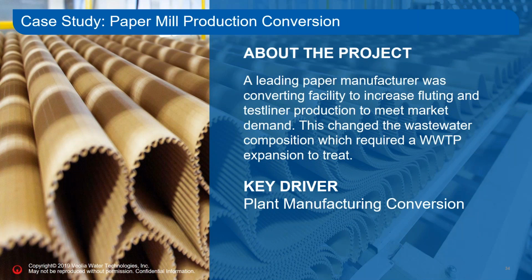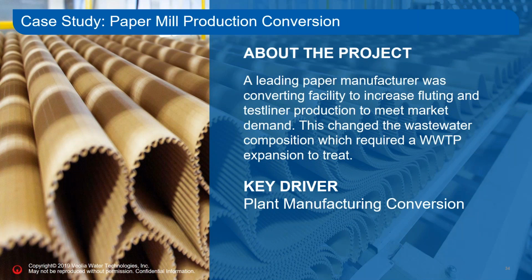This is a project that we have done in Germany, where the paper mill shut down one of their paper machines that was doing graphic paper, and replaced that with a paper machine that will do test liner and fluting production, so for cardboard.